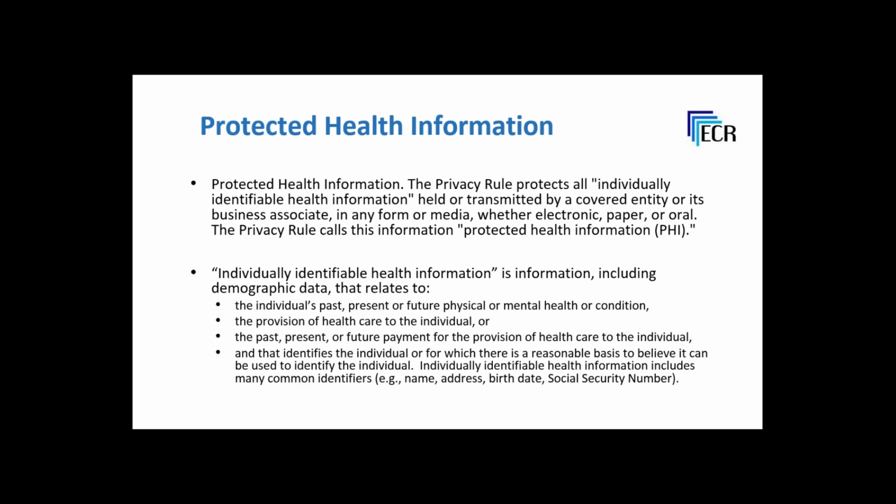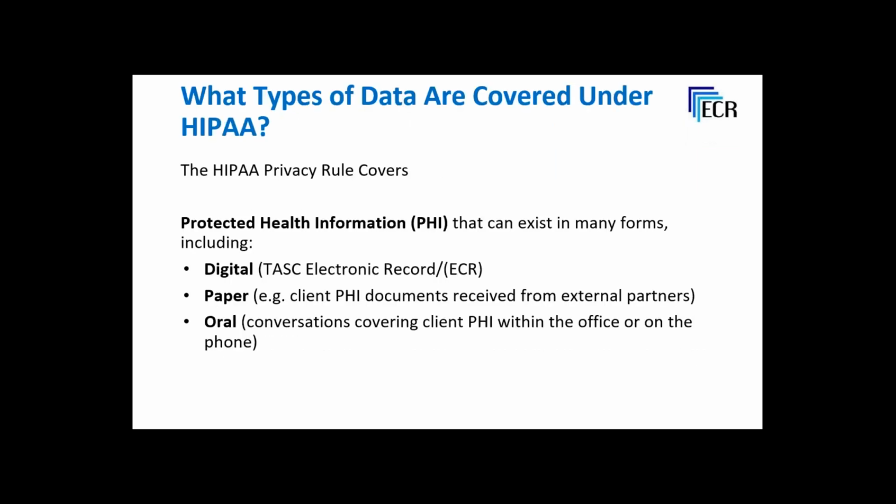And that identifies the individual or for which there is a reasonable basis to believe it can be used to identify the individual. Individually identifiable health information includes many common identifiers, such as name, address, birth date, and social security number. What types of data are covered under HIPAA?